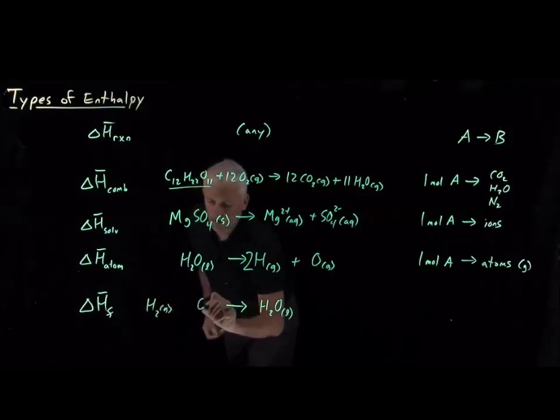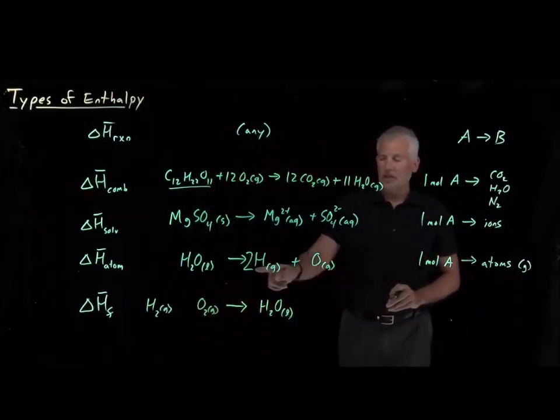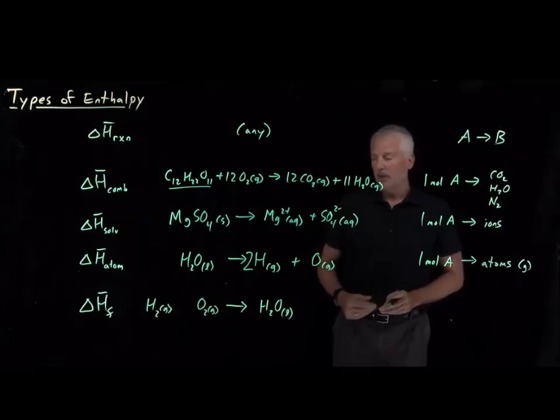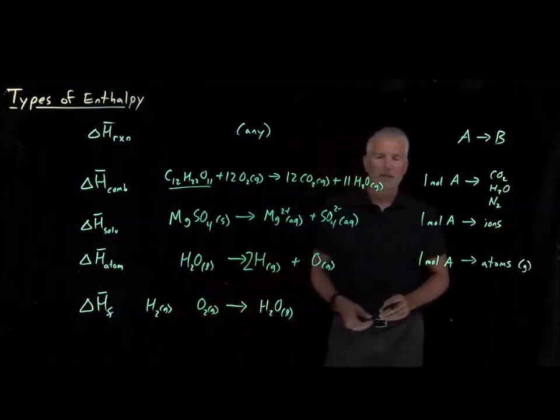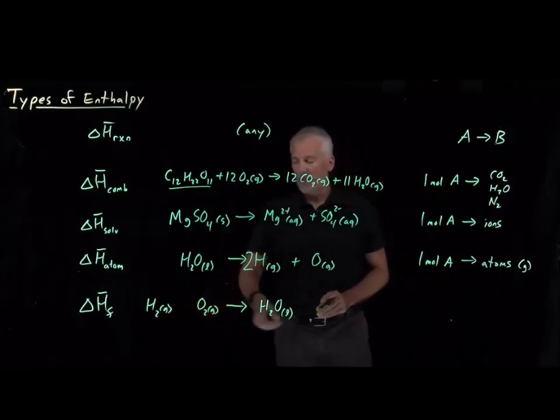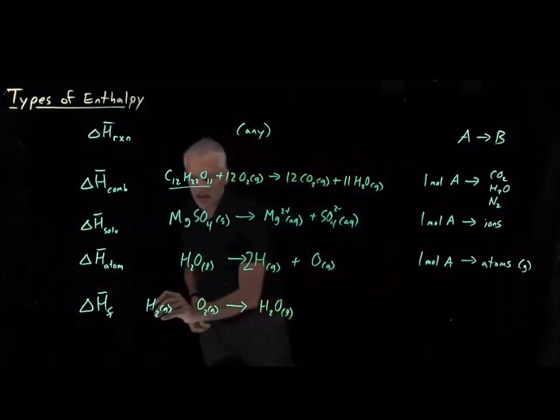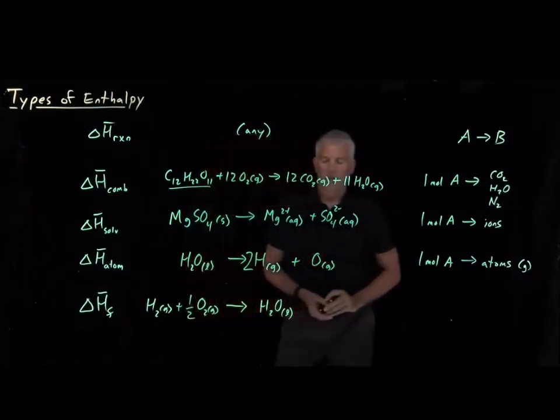So hydrogen and oxygen don't exist under standard conditions as atomic hydrogen and atomic oxygen. At room temperature and pressure, they would instead exist as gaseous H2 molecules and gaseous O2 molecules. So if I form H2O out of elements in their standard states, in order to balance that reaction, I need 1 hydrogen molecule and a half of an oxygen molecule.